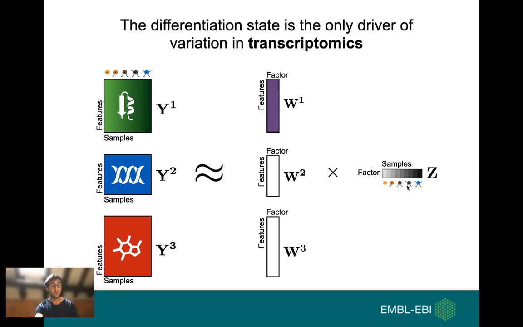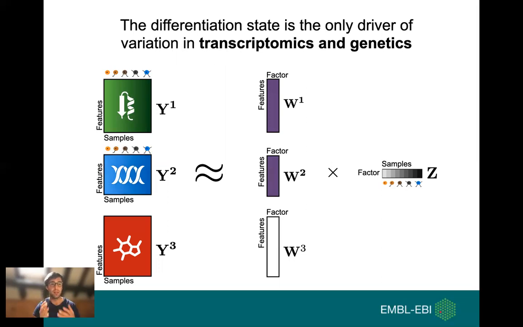And now if you look at the weights for that factor, you see that the weights for the RNA expression are going to be very high, whereas the weights for the DNA methylation or the chromatin accessibility are going to be very low, essentially zero. But now let's assume that the differentiation state is also driving variation in, let's say, genetics, so like modality 2.